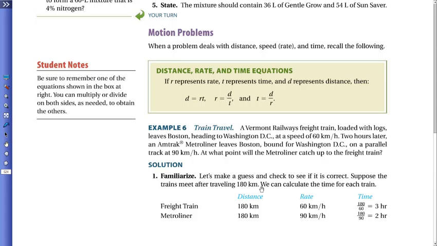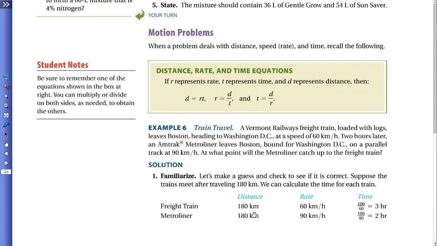Well, let's say we do know. Let's say that they did catch up with each other after 180 kilometers. And we want to calculate the time for each train to have traveled that far, right? So when we do that, we're saying, well, I know distance, rate, and time, and I can use that to find out some things.